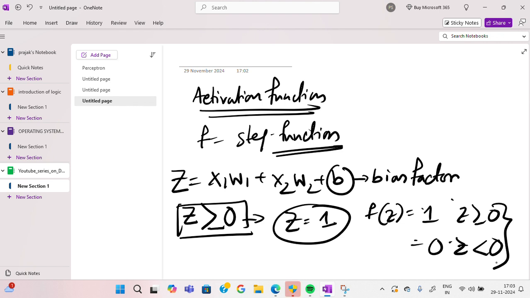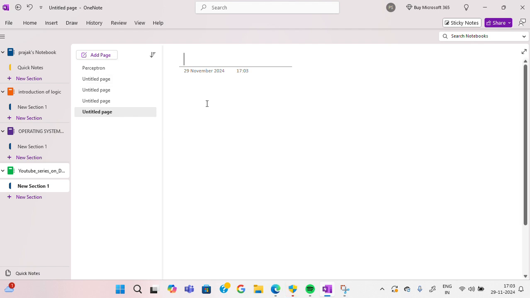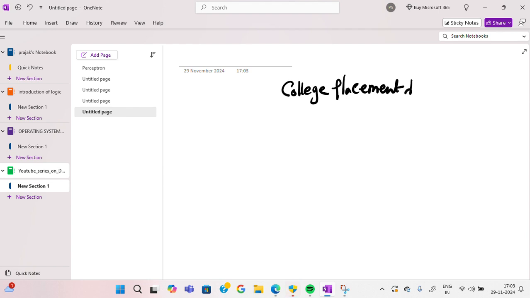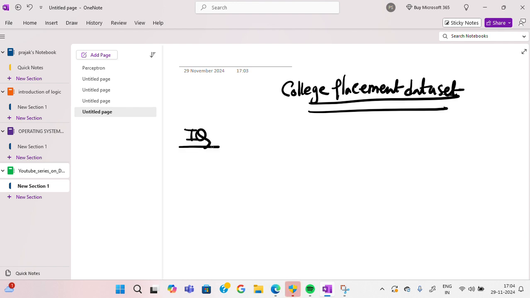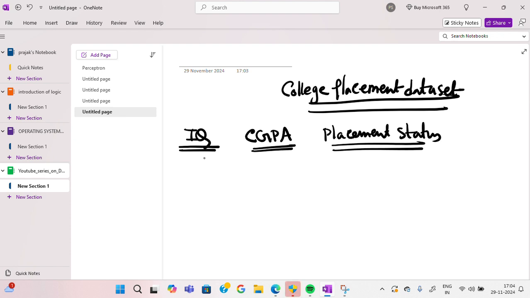Let us assume a data set like a college placement data set, where IQ, college CGPA, and placement status are the three columns.